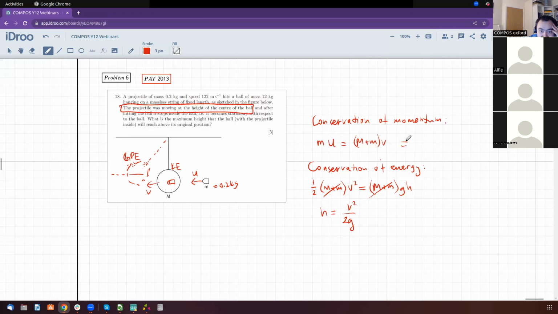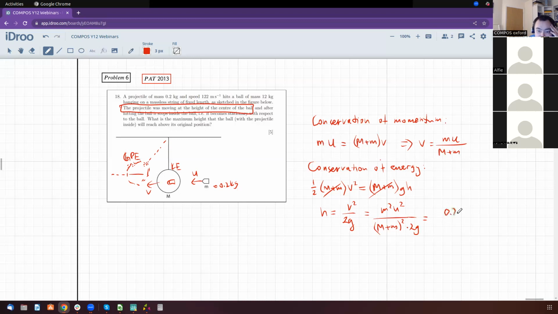And from here, v is mu divided by M plus m. So we plug that in, it's equal to m squared u squared divided by (M plus m) squared multiplied by 2g. And all you need is to put stuff in.